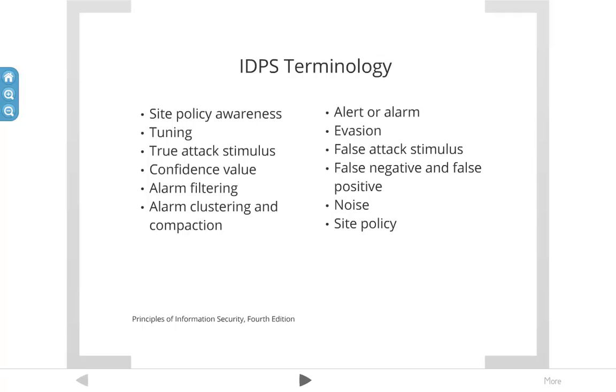Clustering and compaction is a process of grouping almost identical alarms that happen at close to the same time into a single higher-level alarm. This consolidation reduces the number of alarms generated, thereby reducing administrative overload, and also identifies a relationship among multiple alarms. You will see that in some applications.